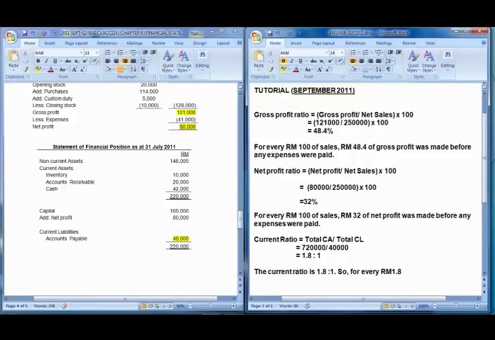Therefore, for every 1 ringgit of current liabilities, Naki Enterprise has 1.8 ringgit of current asset to repay that 1 ringgit of current liability.